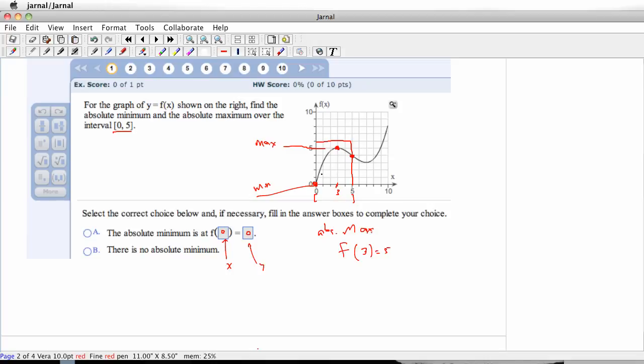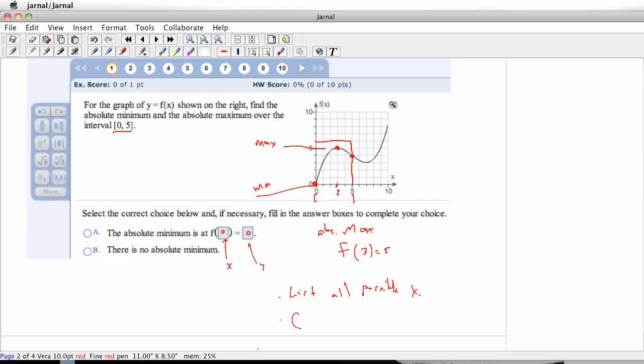So the process that I encourage you to copy down basically says make a list of all the x's where you could see an extreme value. In this case, that will be x equals 0, x equals 5, and x equals 3. Those are the only three places that you might see an extreme value.